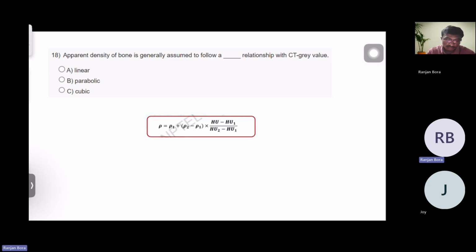Like this is the equation. Rho is the apparent density of bone, rho one is the density of water, and rho two is the density of cortical bone. So it is a linear relationship with CT gray value, which is represented in Hounsfield units, HU.